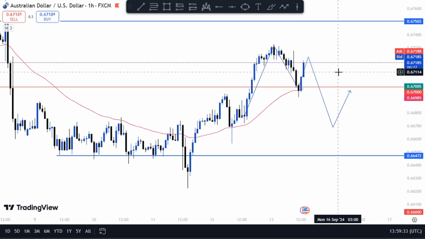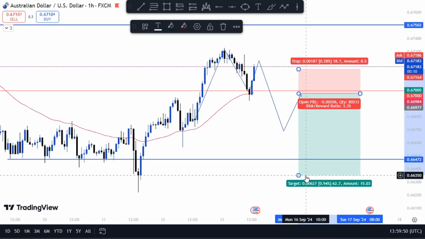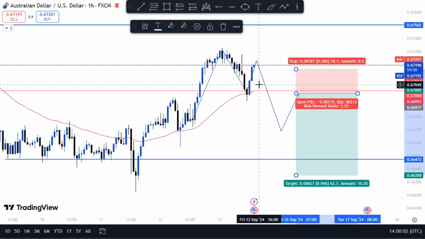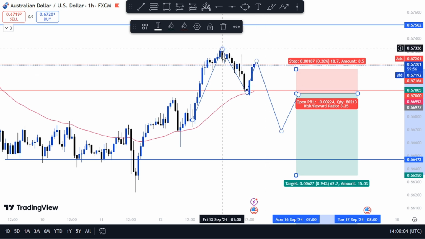At this point, this is where you will be looking for a sell position, because the 1 hour, 15 minutes or 30 minutes has also aligned with the higher time frame, the weekly, daily and 4 hour, which are telling you the market is bearish.